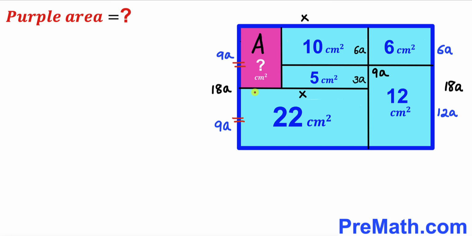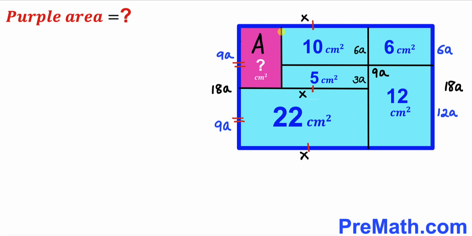Finally, we are going to focus on this bottom rectangle. We can see this side length of this rectangle is x, so this side is going to be x as well. So all these side lengths are identical, and furthermore this side length is equal to this side length.